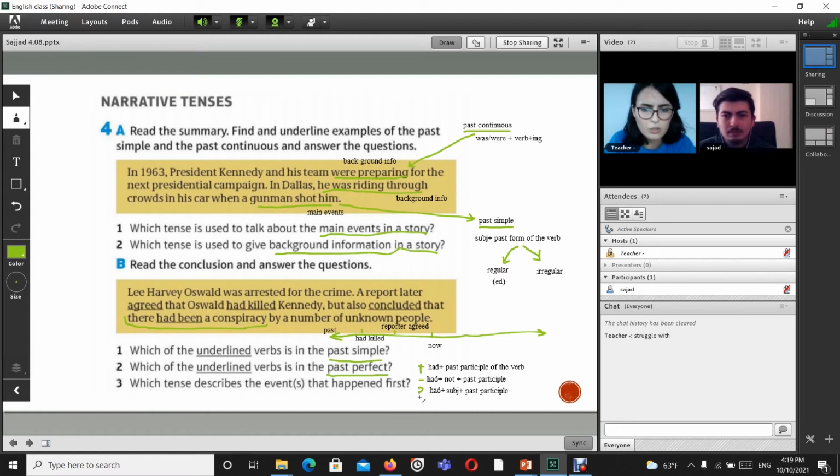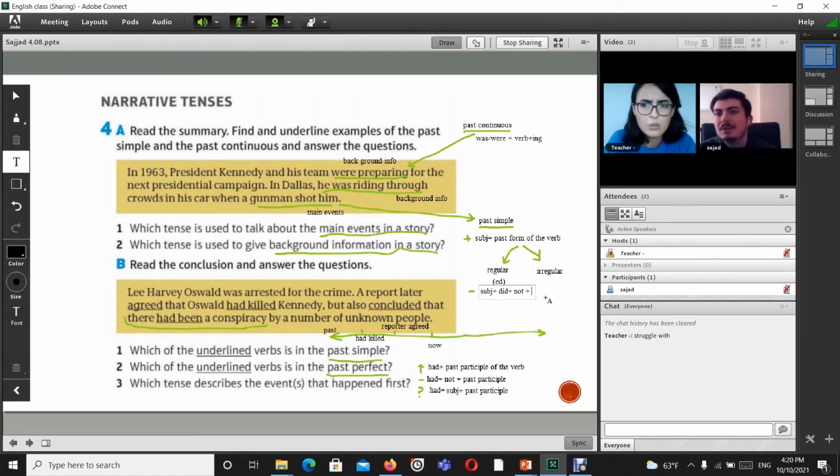Sajjad, before we move on, can you tell me the past simple's negative form? The gunman shot him. The gunman didn't shot him. So it is subject plus did plus not plus the rest.